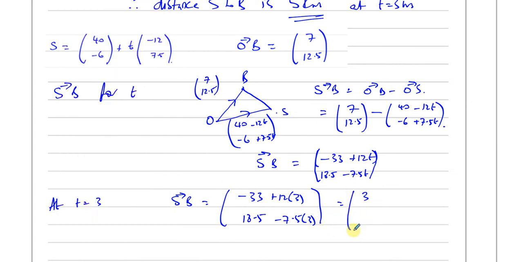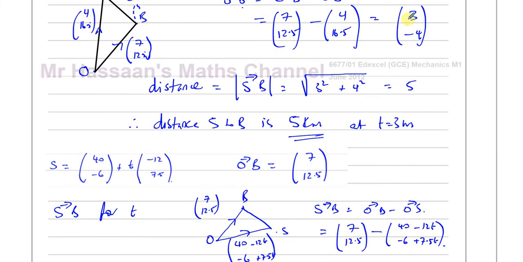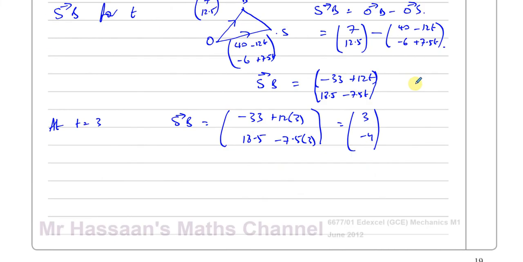So of course it's the same answer that we got before. It was 3 minus 4. That was the vector from S to B. So therefore we can say that the magnitude of that vector is going to be the square root of 3 squared plus 4 squared as before, which is 5 kilometers. So that's the answer to this question.